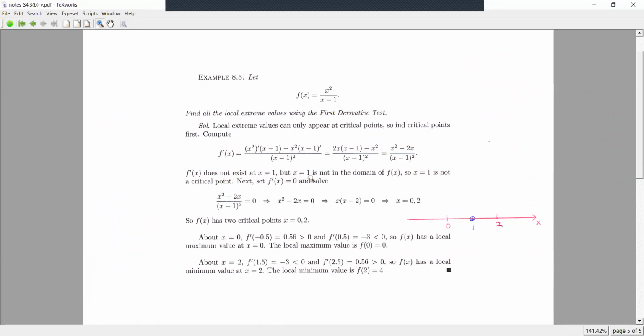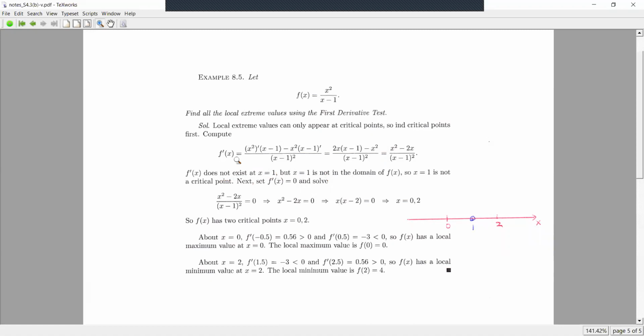However, 1 is not in the domain of the function f. The domain of this function is any number except 1. I put an open dot here to mean excluding 1. Therefore, no critical points come from the derivative not existing.